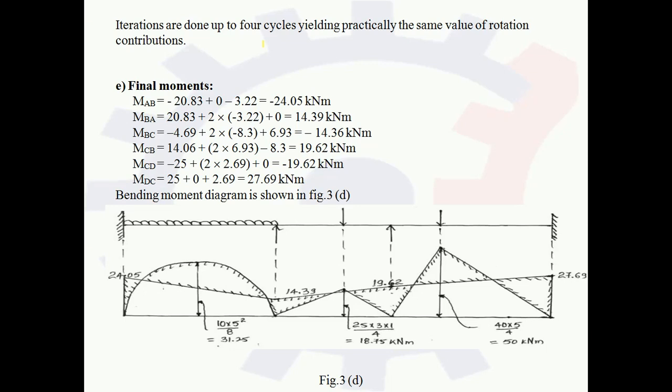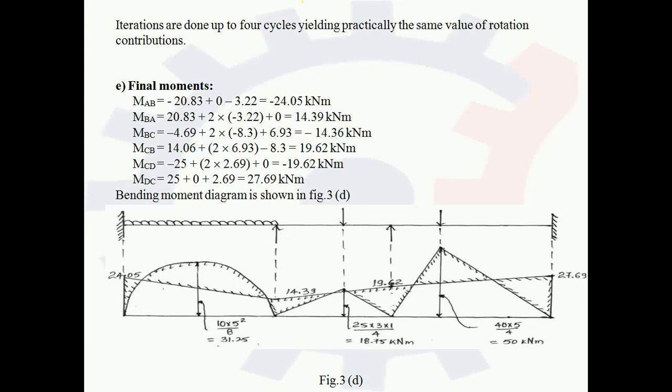The near end of AB is A, and B is the far end. The near end A has a contribution value of 0, so we are taking it as 0. So minus 20.83 plus 0 minus 3.22, we are getting the answer minus 24.05 kilonewton meter.